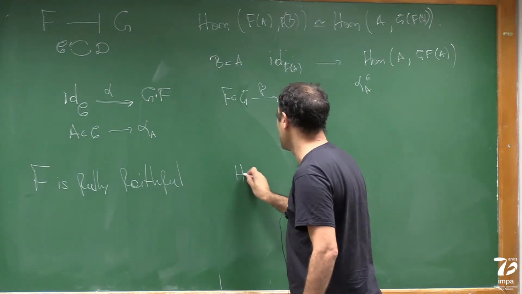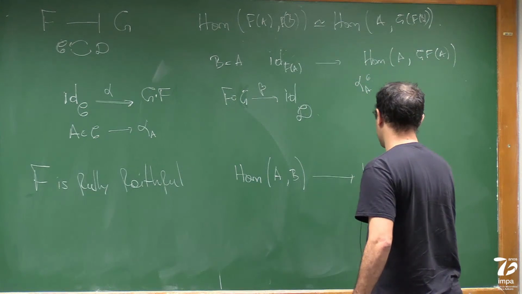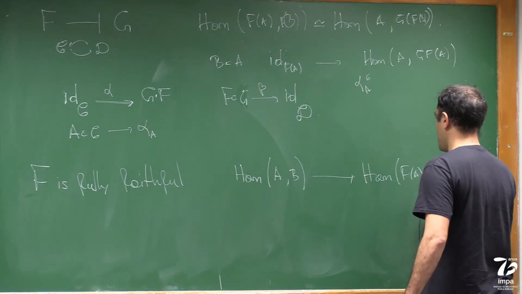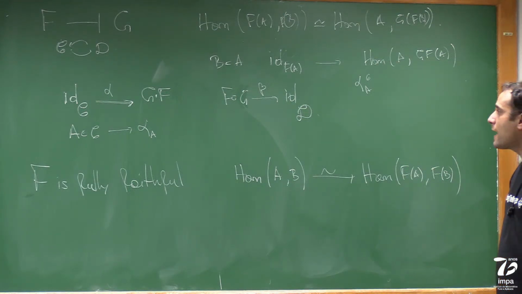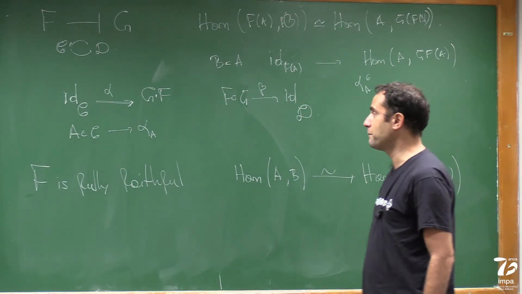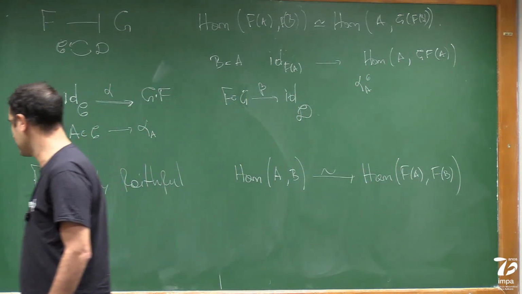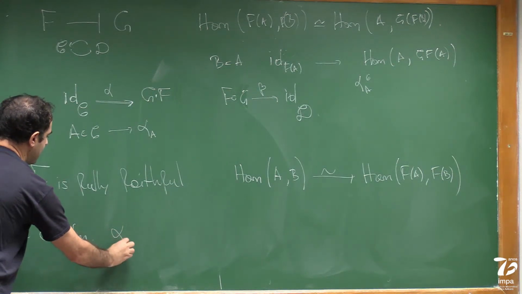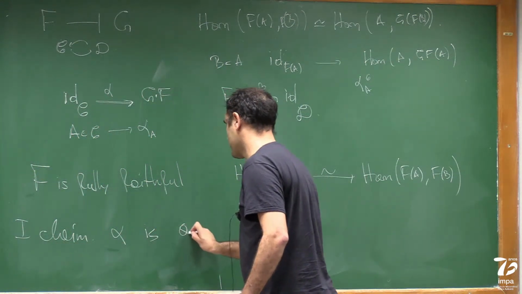So that means, again, that we have this map from hom(A, B) to hom(FA, FB), and that this is an isomorphism. Then I claim, and since I never remember, we're going to have to figure which one, that one of these two has to be an isomorphism. So I claim that alpha, and I reserve the right to remove alpha and change it for beta, is an isomorphism.